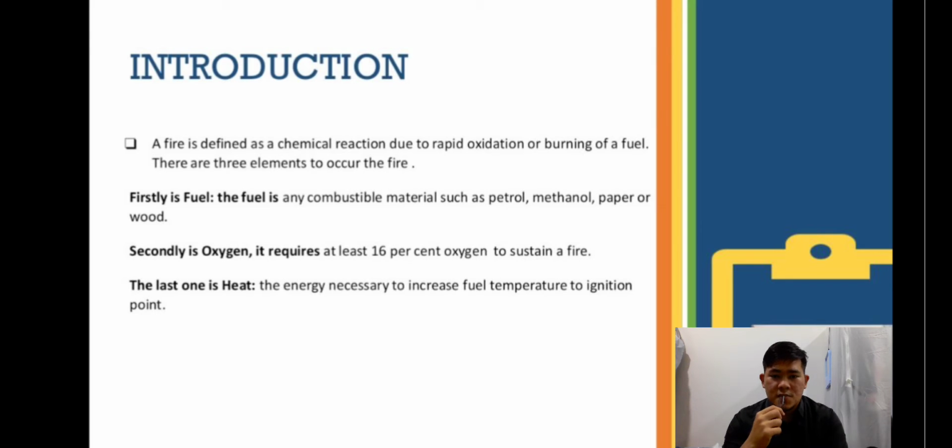Secondly, oxygen. It requires at least 60% oxygen to sustain a fire. The last one is heat, the energy necessary to increase fuel temperature to ignition point.